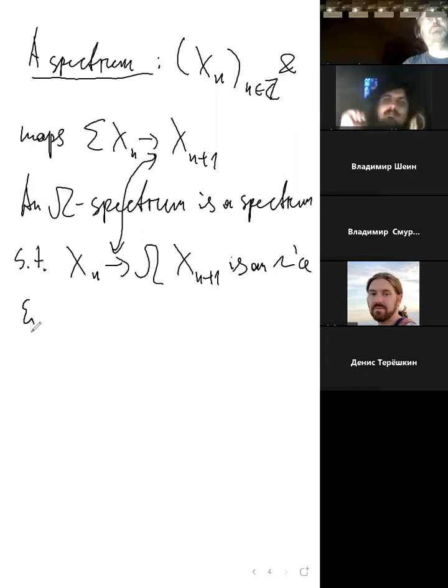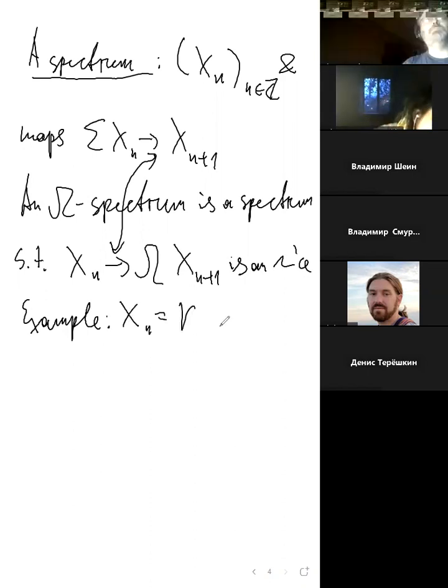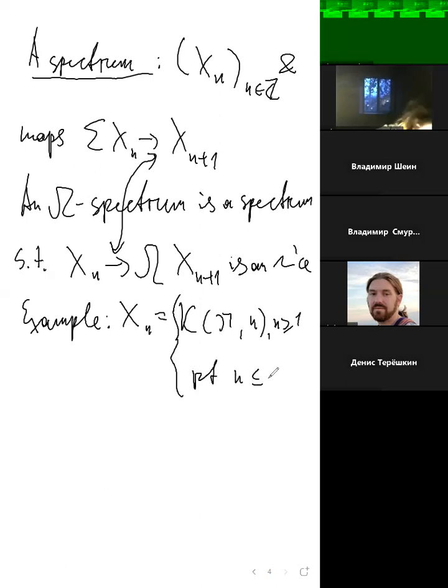Example: the Eilenberg-MacLane spectrum.